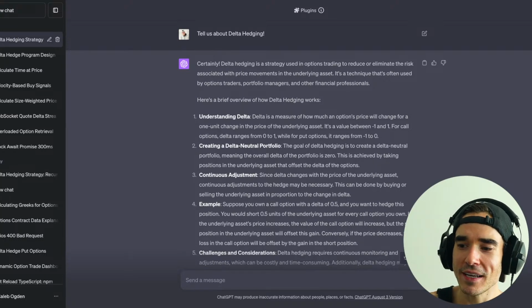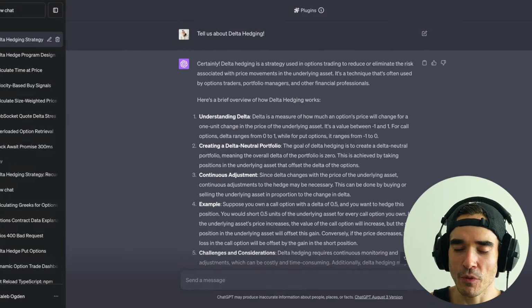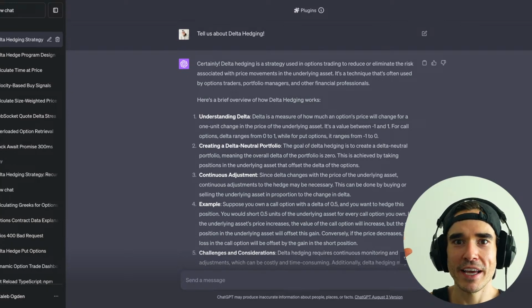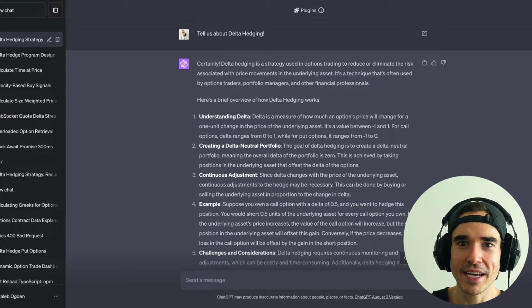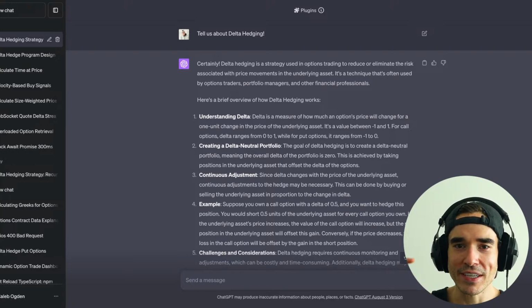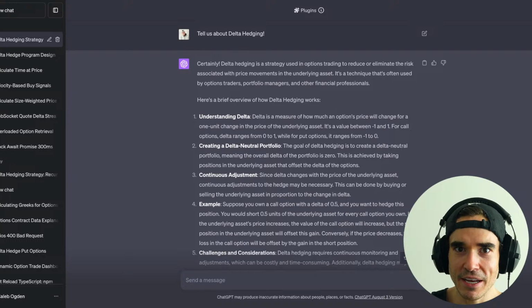And then in theory, when you're delta hedging properly, you're always maintaining that delta. Anytime you have a deficit in that delta, you automatically purchase some kind of inverse equity. So you could sell a call or buy a put, basically.